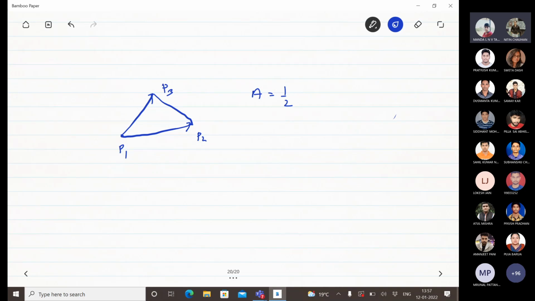So half of the cross product between P2 minus P1 and P3 minus P1, and take the magnitude, because the cross product is a vector quantity. Take the magnitude of that, and this is the area of this triangle.